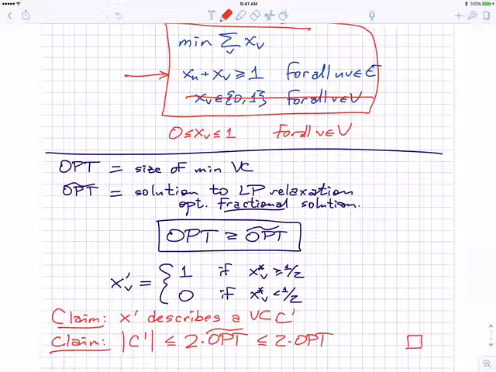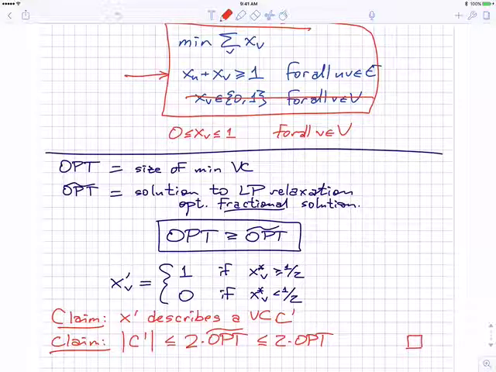So what we have here, again, is a very simple 2-approximation algorithm for minimum vertex cover. Now, we already had a 2-approximation algorithm for minimum vertex cover that was considerably simpler, because this one involves solving a linear programming problem.